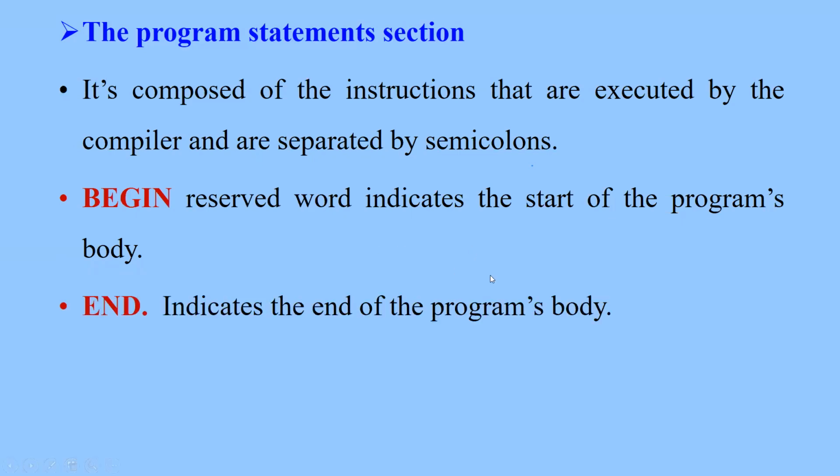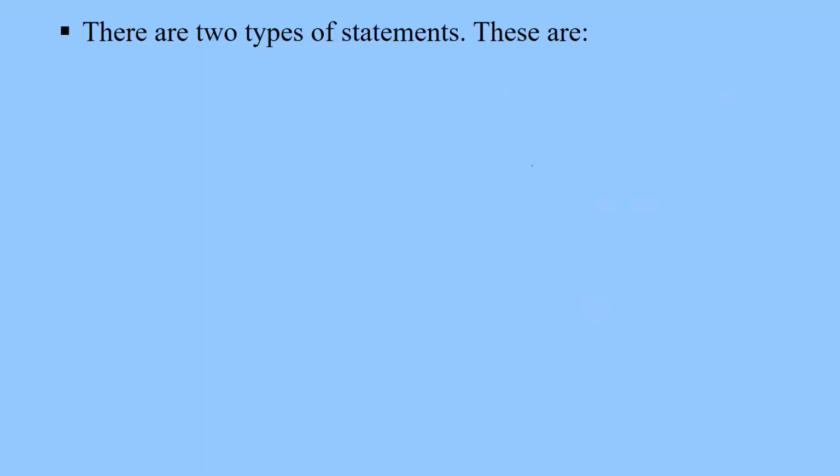Then end with a period indicates the end of the program's body. So anything in between begin and end, those are statements that must be worked on by the compiler. As I said in my previous presentations, those statements can include input statements, processing statements, and output statements.